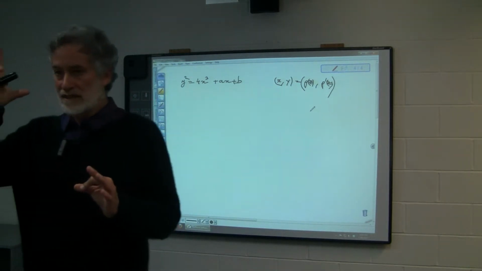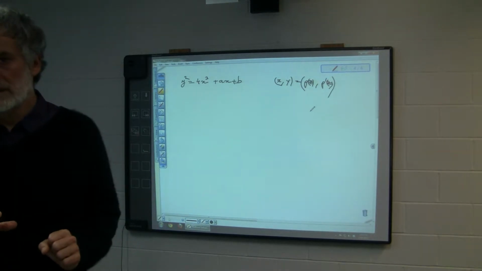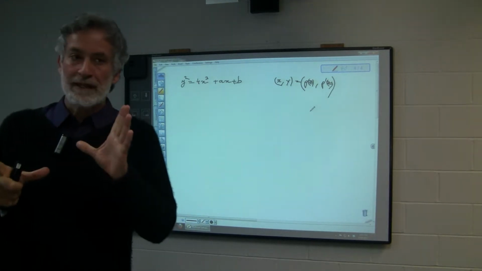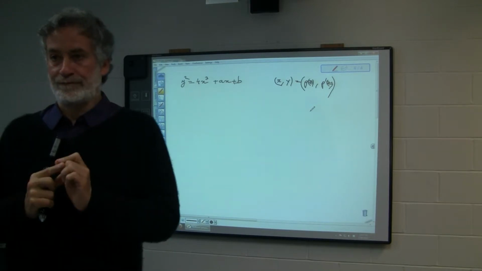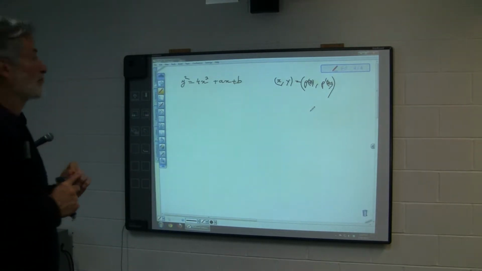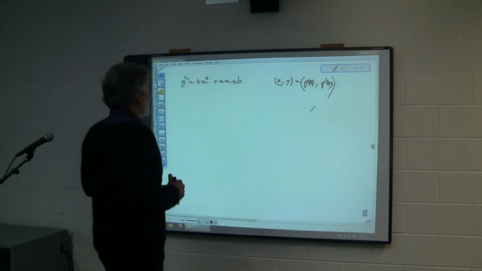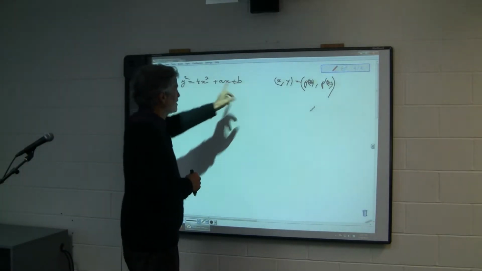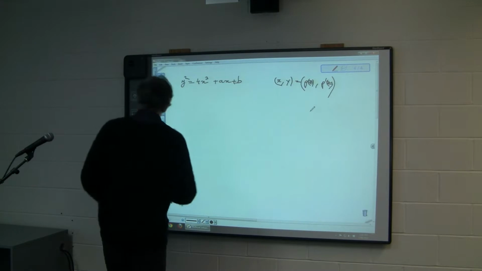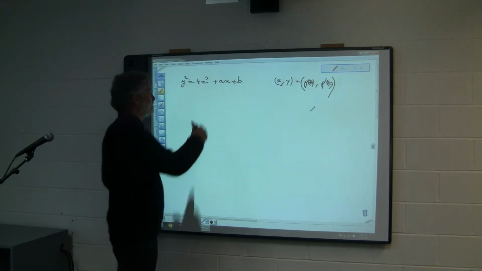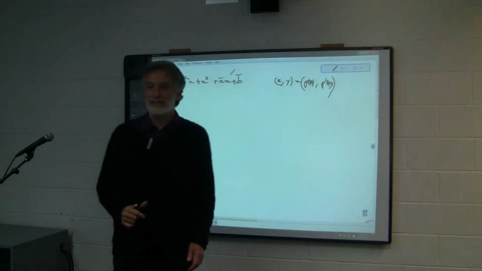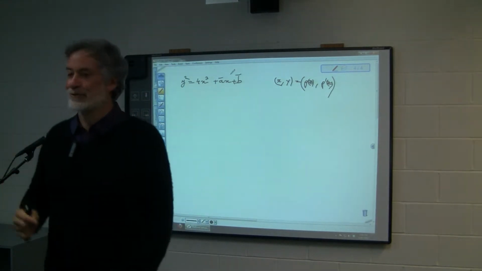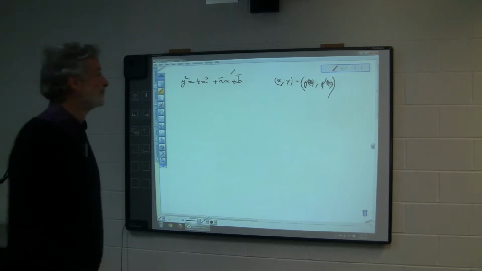There exists a and b. Remember, the P function depends on the choice of a lattice. You have to choose an a and a b. I have A and B in this equation, but these are different A's and B's. Okay, I'll call them A bar and B bar. They have nothing to do with the A and B that I chose. Well, they have something to do, but they're not the same.